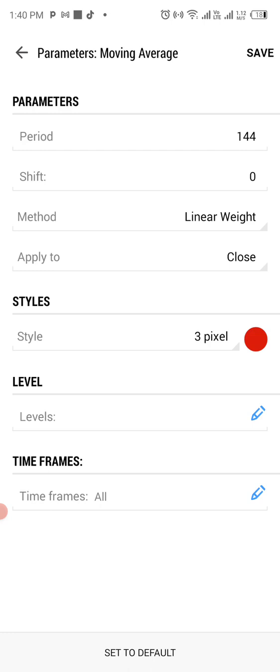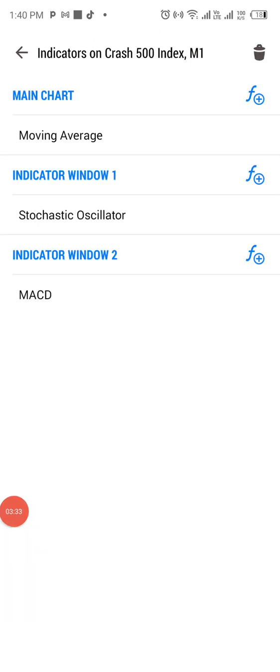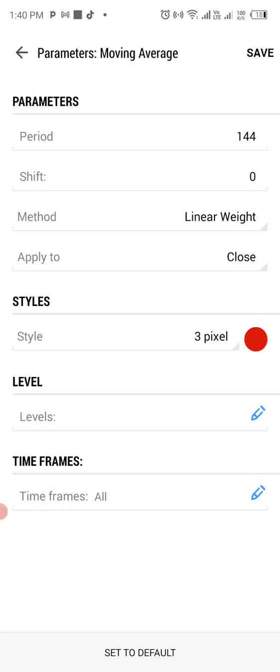So here you have the settings. This is our moving average, linear weighted moving average 144, apply to close, and your style is 3 pixel. I use red. You can use any color.